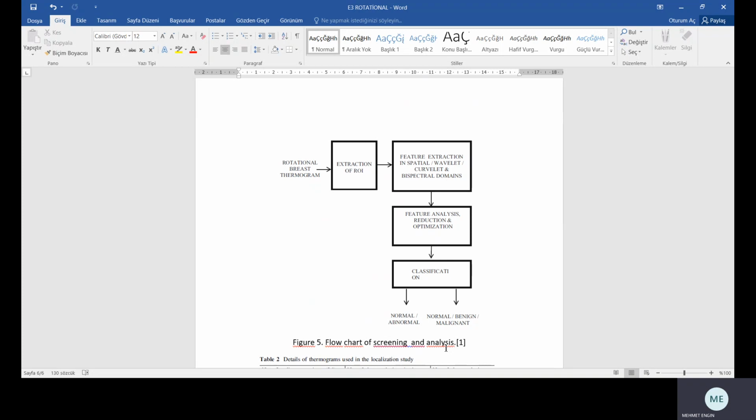If an abnormality is represented as a hotspot in a confined small area, it will be detected in the central portion of one of the views. Thus, the accuracy of locating is better. Secondly, if an abnormality is observed at the periphery of the breast in one view, it will be seen in the central portion of the breast in one or two successive images down the series.